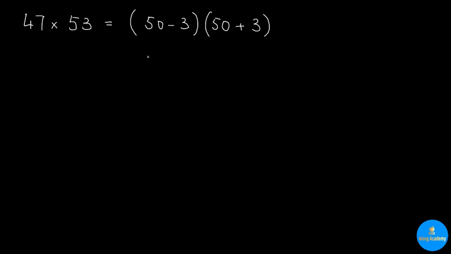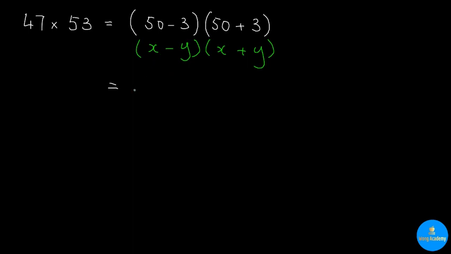Think of 50 as our x. Think of 3 as our y. The first parenthesis is exactly x minus y, while the second parenthesis is x plus y. According to the difference of two squares formula, we will get x squared minus y squared as the product.